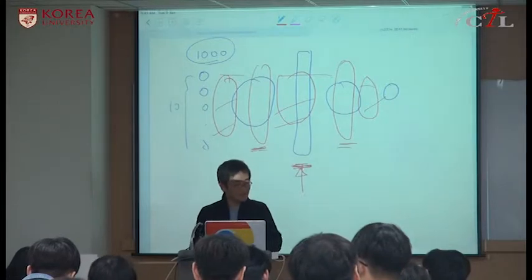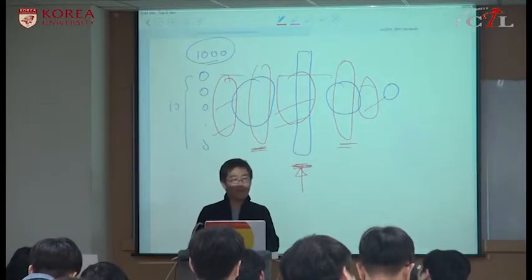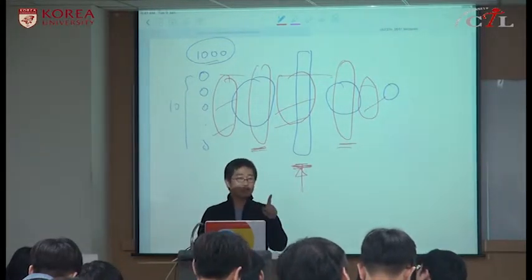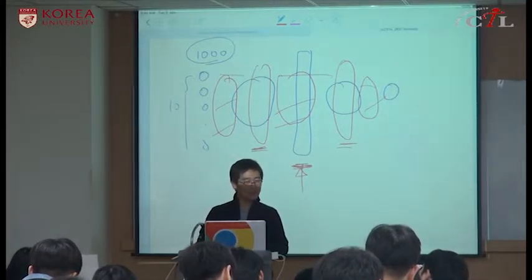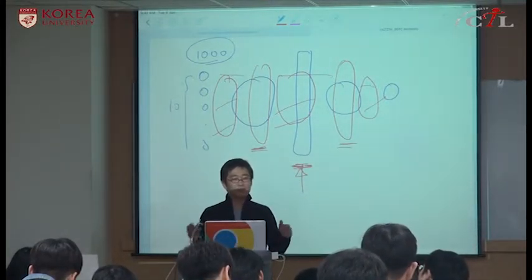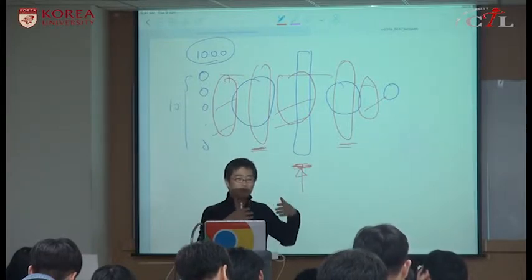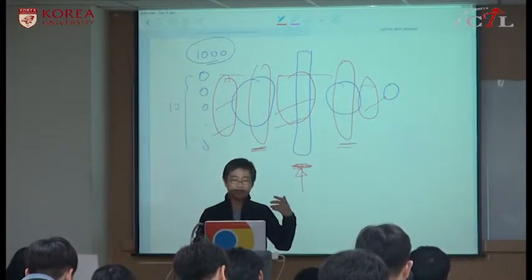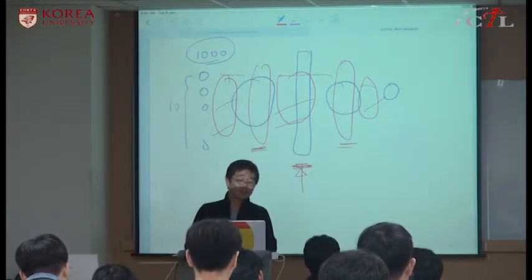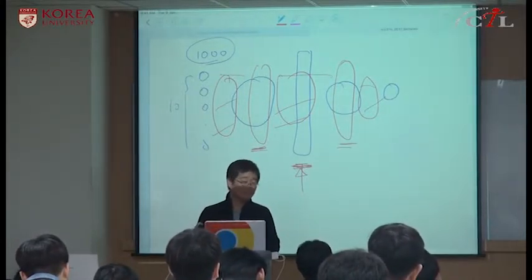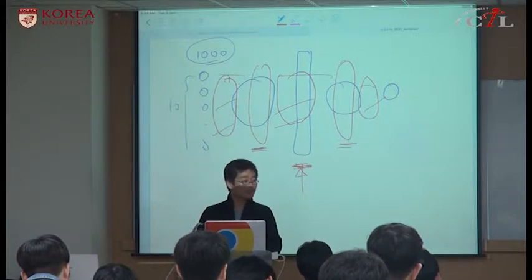So in that case, which one would you prefer? Using one hidden layer with a lot of hidden nodes within that single layer, or using two hidden layers with relatively few hidden nodes in each layer compared to the first case? Which one would you prefer?